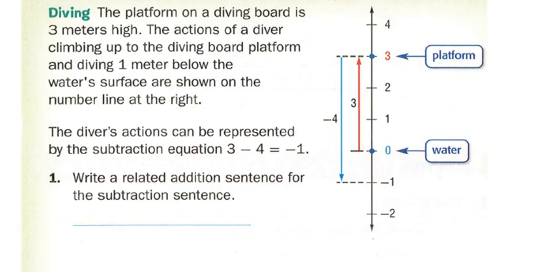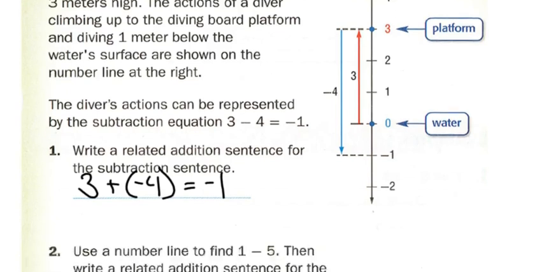So to write an addition sentence for this situation, they go up 3 with a positive 3 integer, then drop down 4 meters, which we can represent by -4. Combining 3 and -4 tells you that they ultimately end up 1 meter below the surface of the water, or at -1. That represents the whole situation.